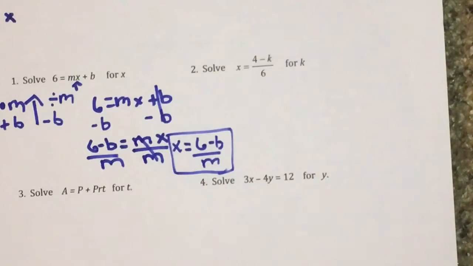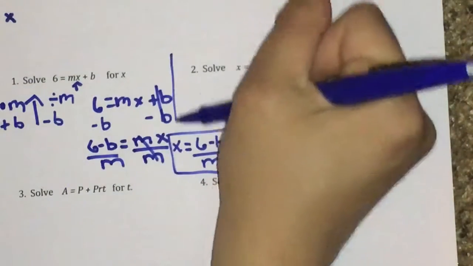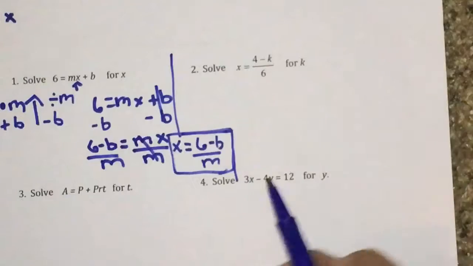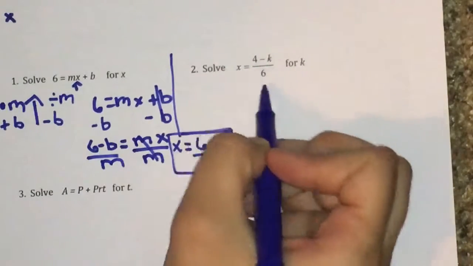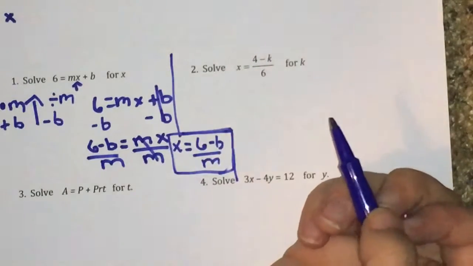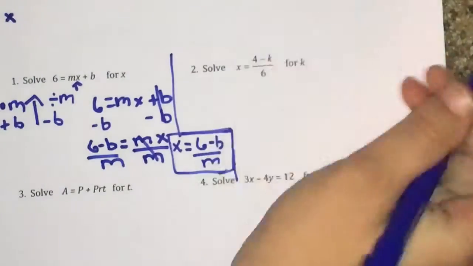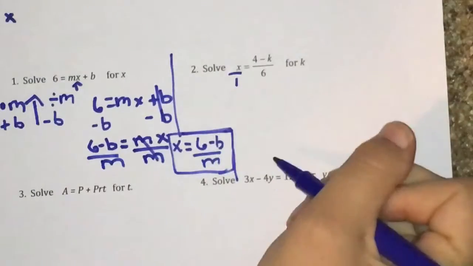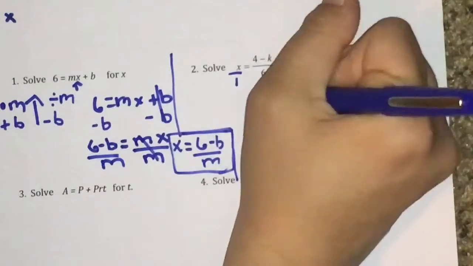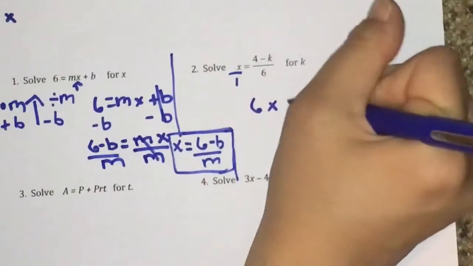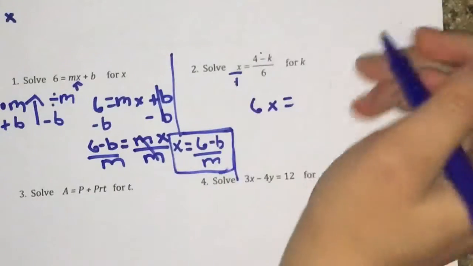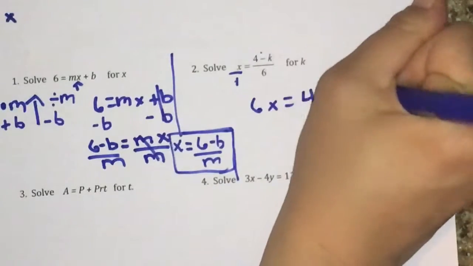Okay, number two. My first recommendation would be, if you see something like this, solve it as if you're solving a proportion, okay? So you want to solve for k. Well, let's first pretend like we're dealing with a proportion here. x times 6 is 6x equals 1 times 4 minus k, which is just 4 minus k.